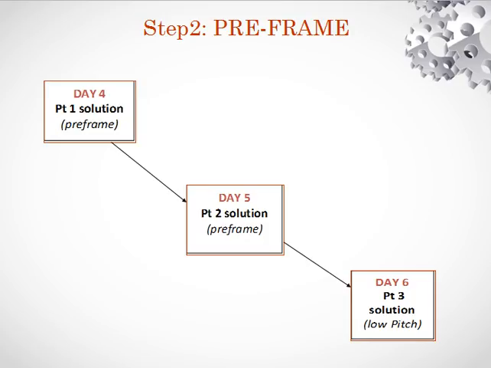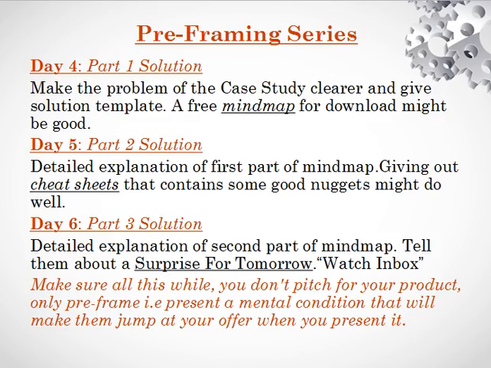And on day 6, you present part 3 of the solution, and then you tell them to watch out for something very special coming up tomorrow, right? And day 4 is the part 1 of the solution. Now you're seeing that, right?